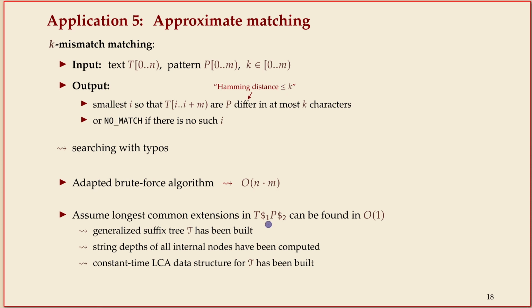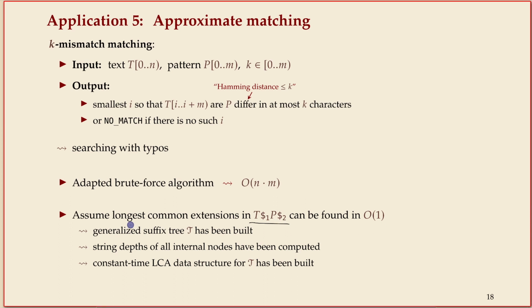So we do a pre-processing on something like the generalized suffix tree again. We take the text, append some end of word marker, and then the pattern and a fresh end of word marker. And we use this LCE data structure that I've just told you about as a black box.